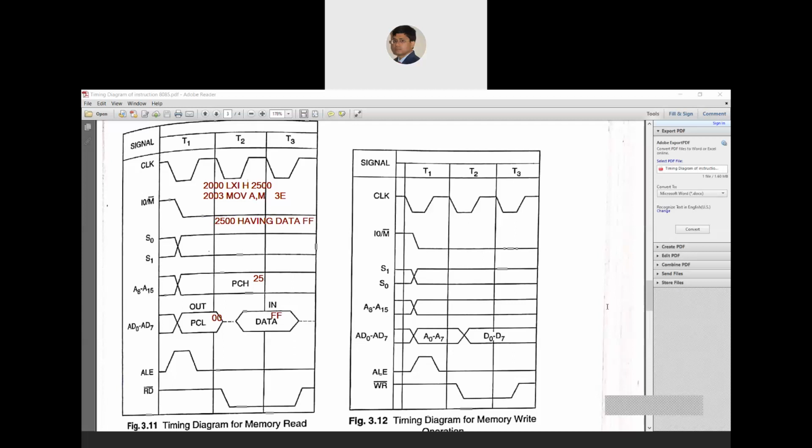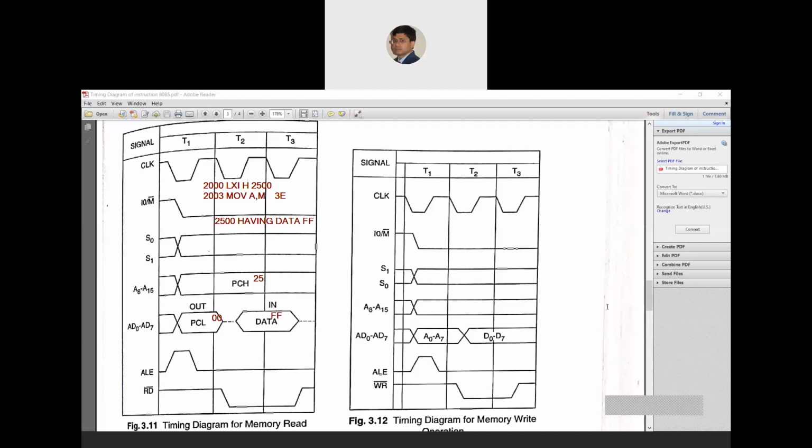So if I give the gist of this memory read timing diagram, it has three T states, T1, T2, T3. It has the signals: clock, IO bar, S0, S1, higher order address bus, multiplexed address data bus, ALE and read bar signal. The clock is always the same for opcode fetch and memory read operation.